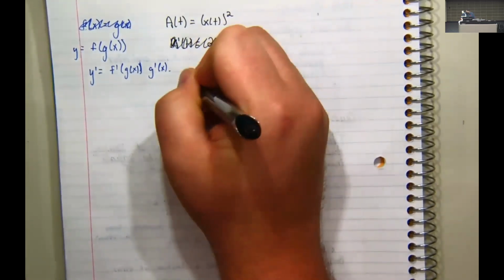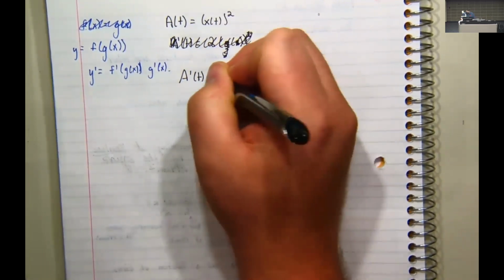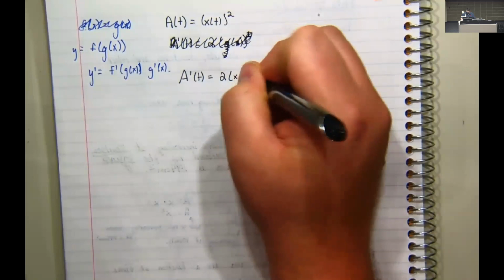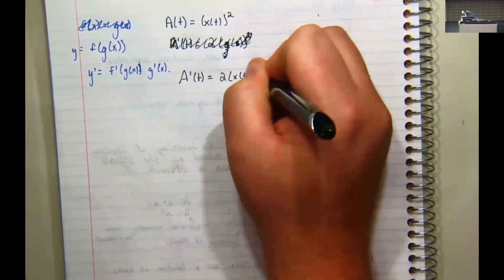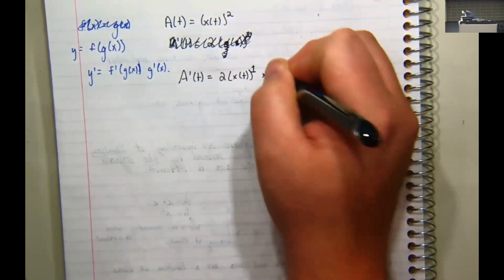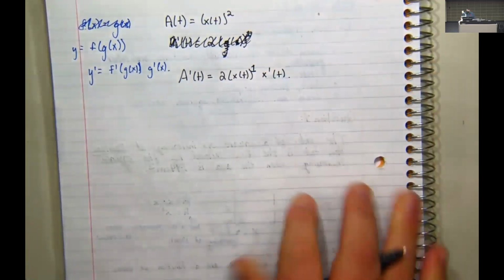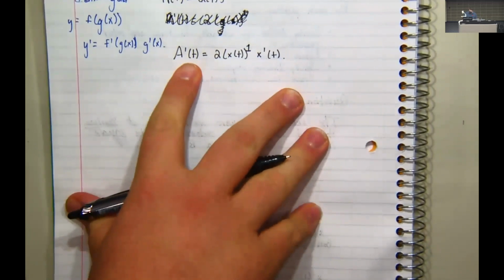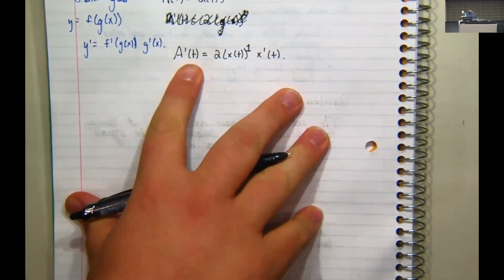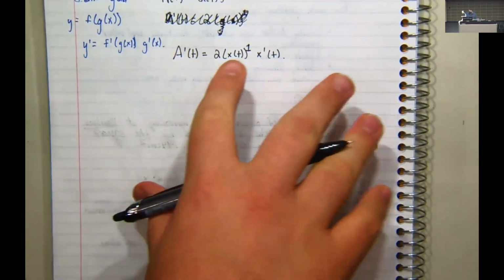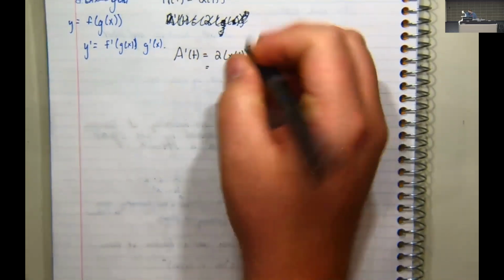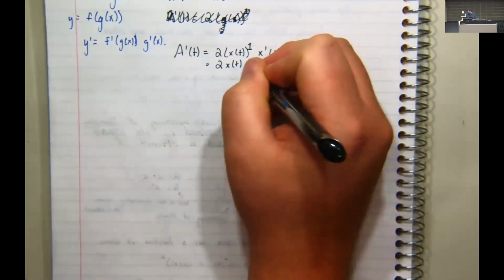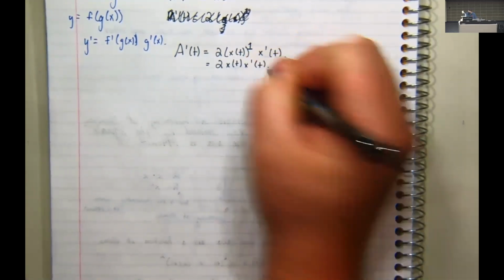So A prime of t is equal to 2 x at t to the power of 1 times x prime at t. Okay, so we are looking for A prime at t. This is 2 times x of t times x prime of t.